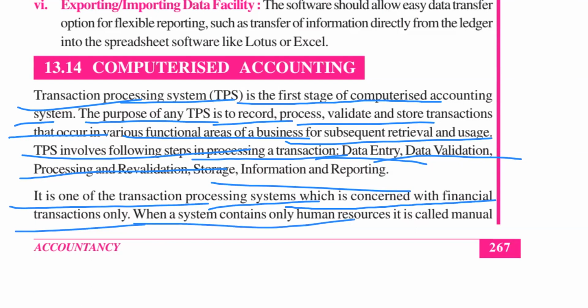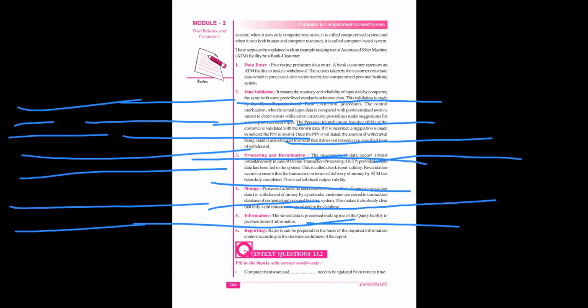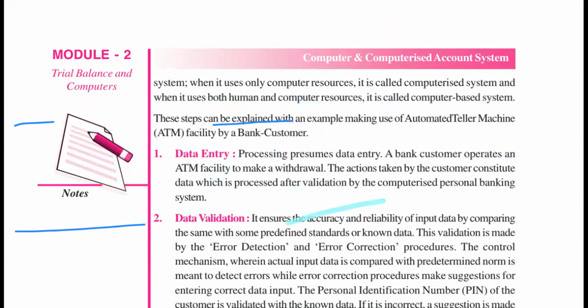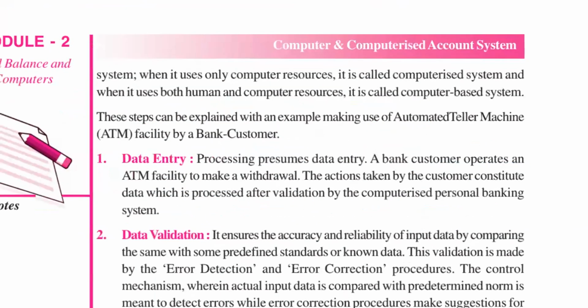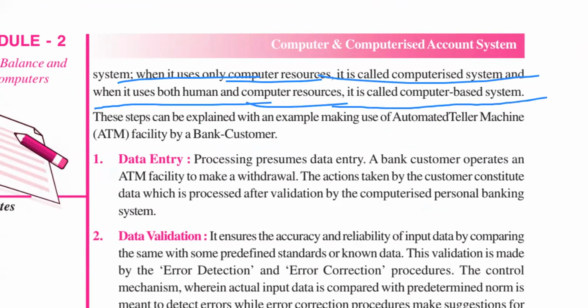When a system contains only human resource, it is called a manual system. If the data is recorded by human resources, means if a natural person is recording your accounting data with the help of pen and paper, that is called a manual system. When it uses only computer resources, it is called a computerized accounting system. And when it uses both manual and computer, it is called a computer based system.